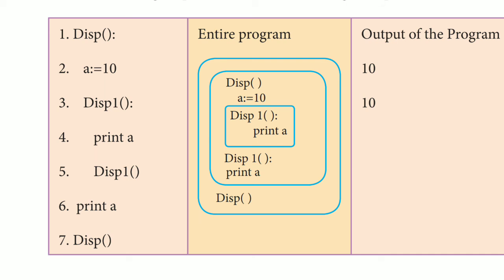So the first print is called by the inside function, which is a is equal to 10, and the second output 10 is printed by the print statement in the sixth statement.